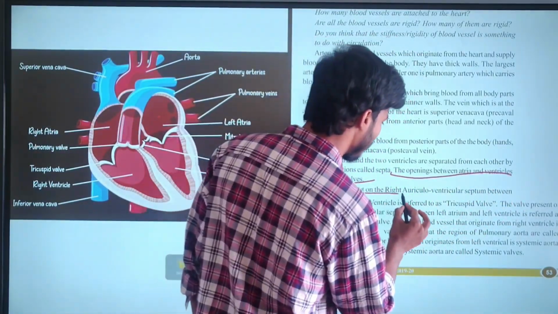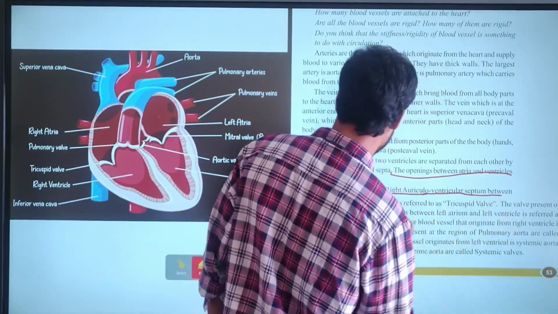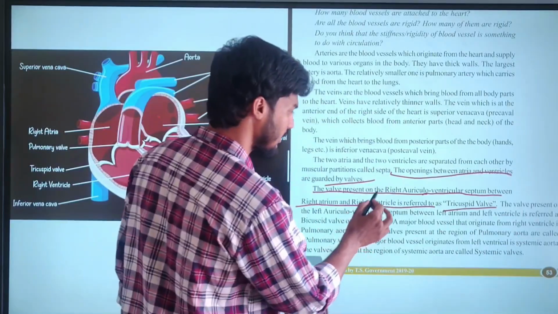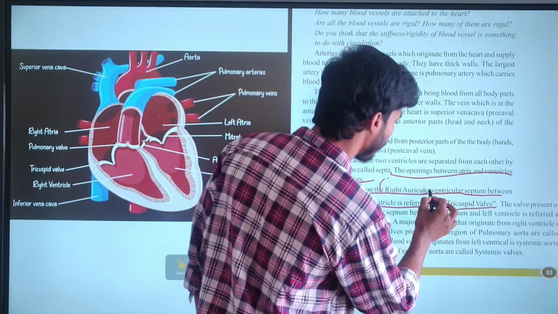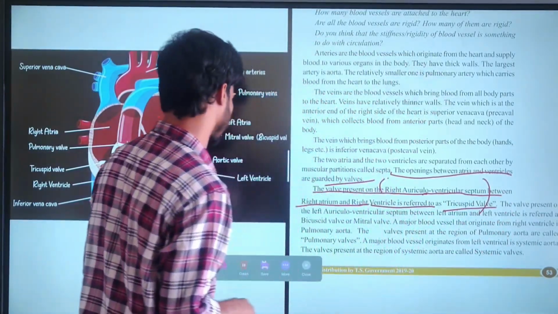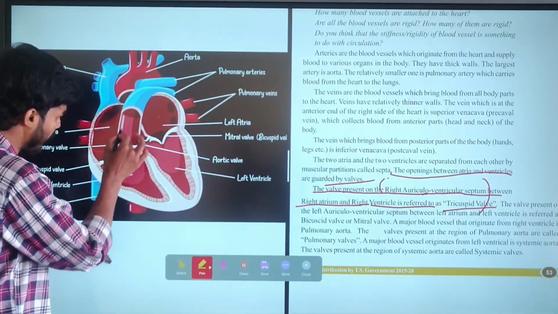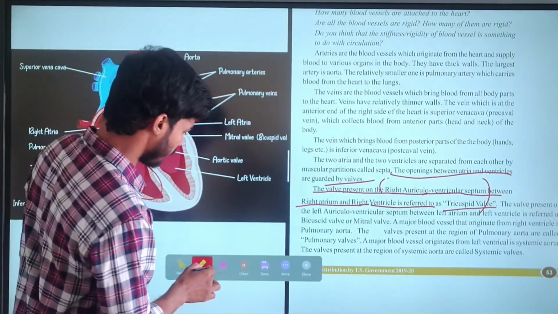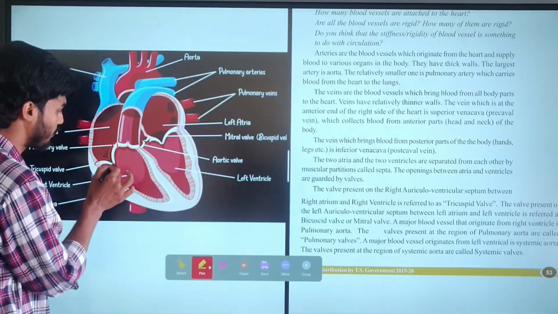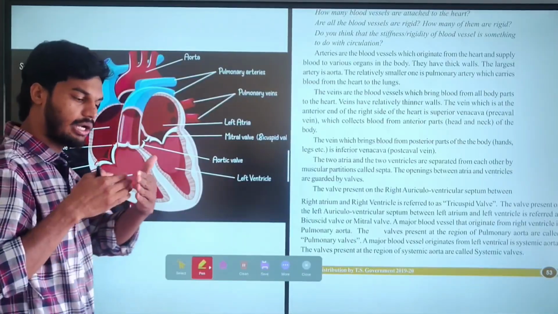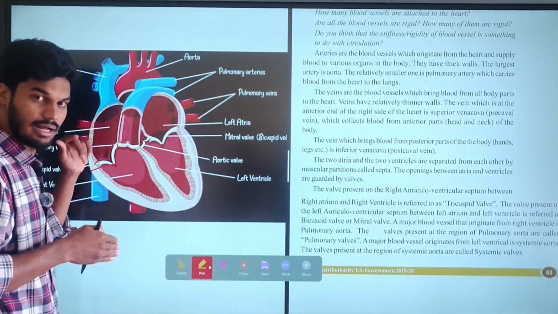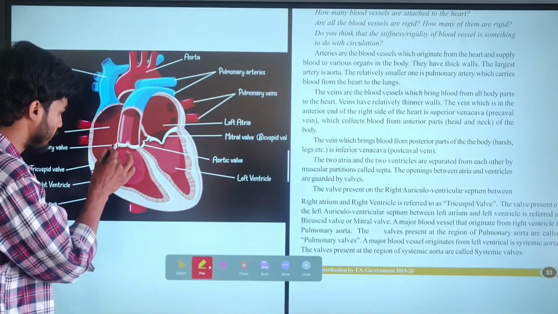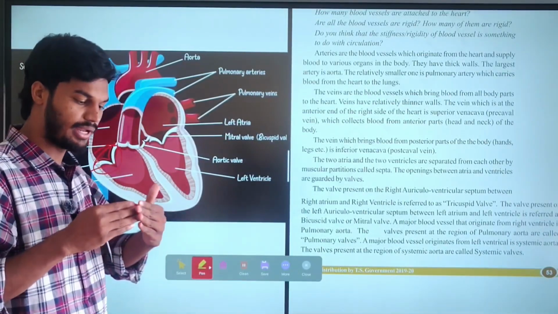The valve present between the right atrium and right ventricle is referred to as the tricuspid valve. This opening and closing between the right atrium and right ventricle we call the tricuspid valve. This is very important.